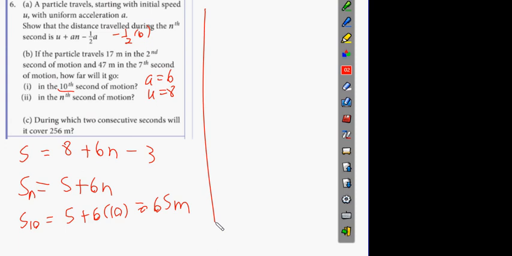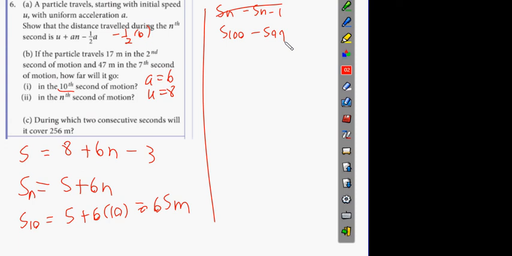Finally, during which 2 consecutive seconds will it cover 256? Well, we don't know. So let's use the general term Sn minus Sn minus 1, the distance you covered in n seconds minus the distance the second before that. It's the same thing as S100 minus S99, the distance you covered in your 100th second.